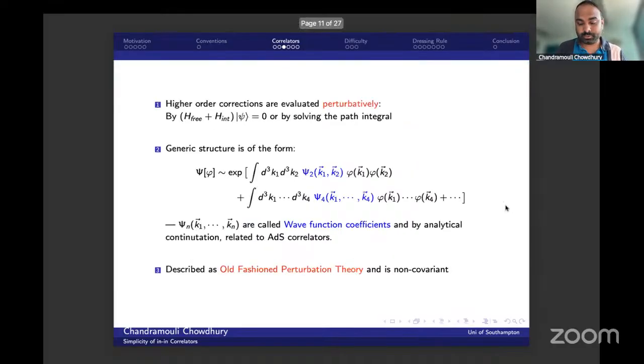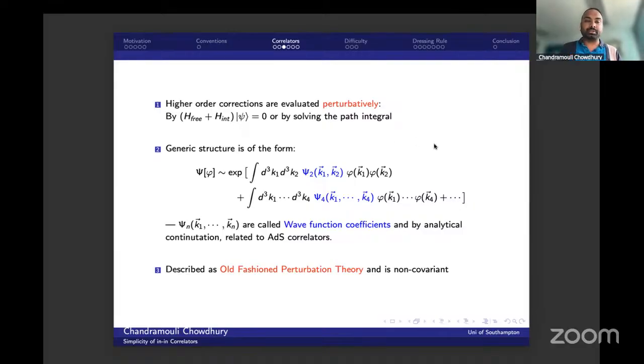Now, as you might have studied in quantum mechanics 1 or quantum mechanics 2, such an equation also generalizes to the case when you have interacting terms. So you have a free Hamiltonian, and then you have some interaction Hamiltonian, and they basically solve some new Schrodinger equation, which, of course, you know how to solve perturbatively.